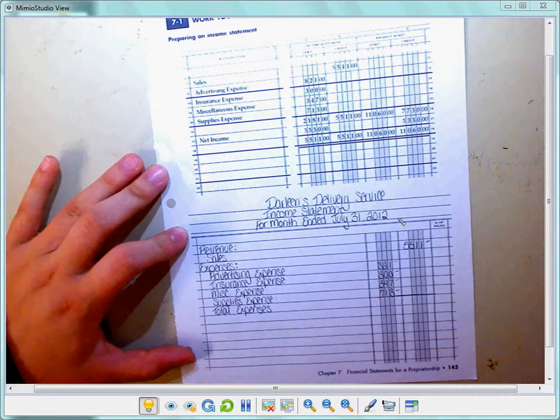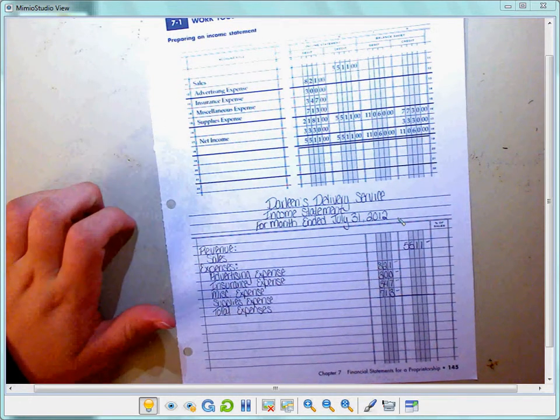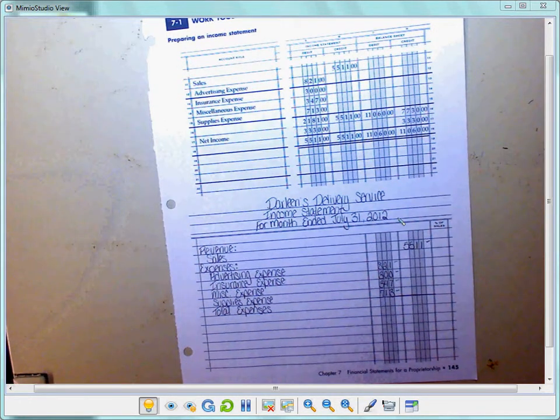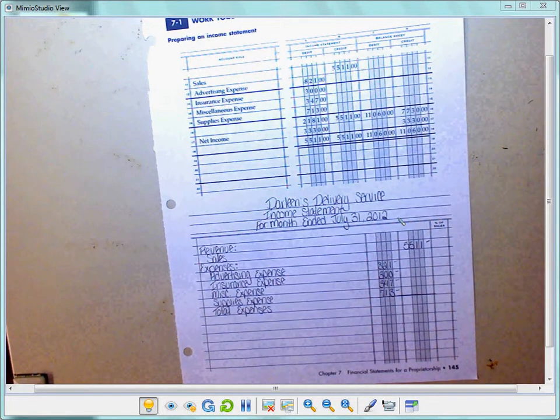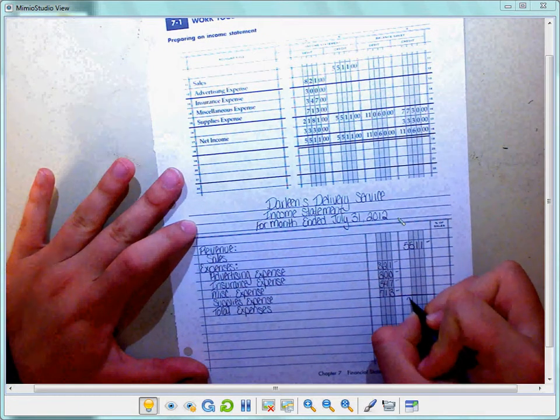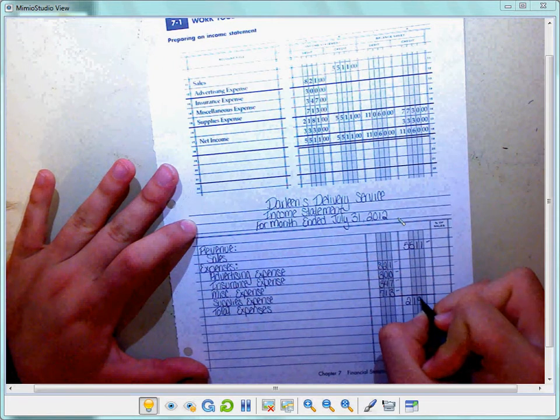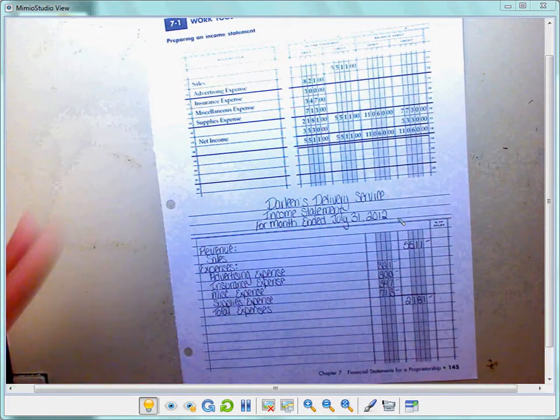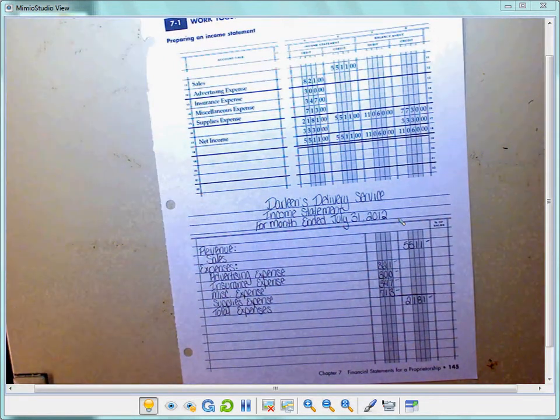So this number is going to go in that far right column, the same line as total expenses, so that's $2,181. Which column? The far right one, the second column. Then we need to do a single rule under that amount.